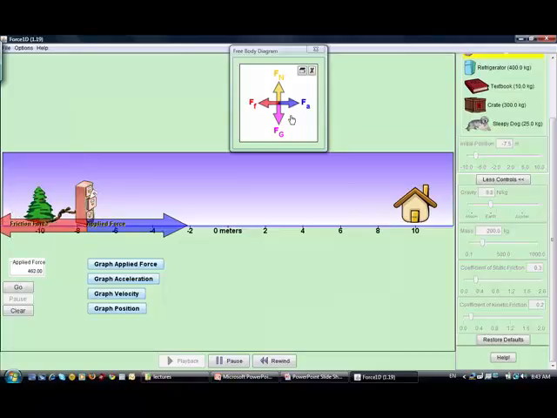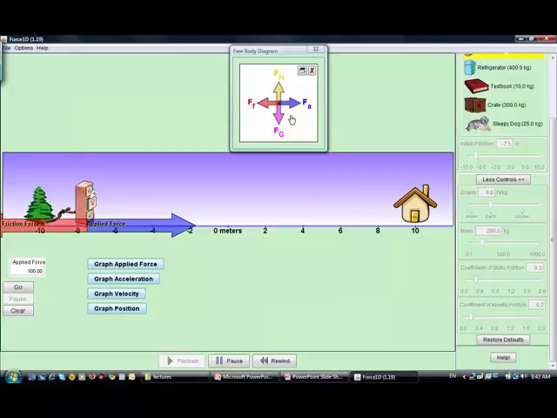You notice during the whole procedure, Fg and Fn never change because there is no reason for them to change. One is due to the gravitational pull of the Earth, and the other one is due to the floor pushing on the cabinet. That's another thing to pay attention to. Floor and Earth are two different things. The floor, or if the cabinet was on top of a table, it would be different.